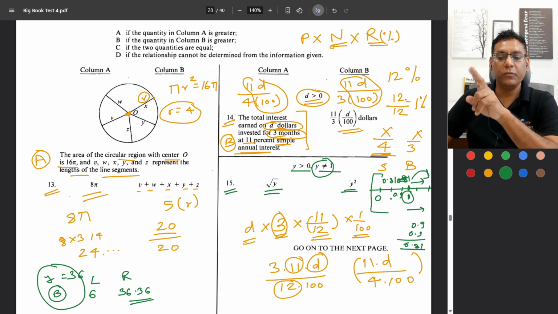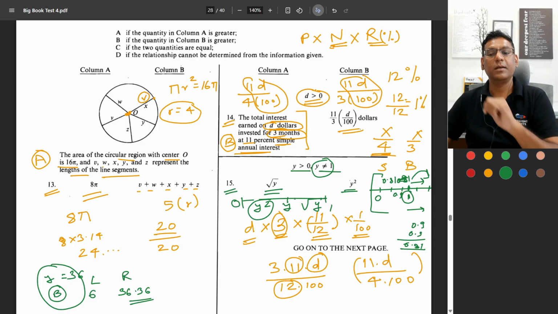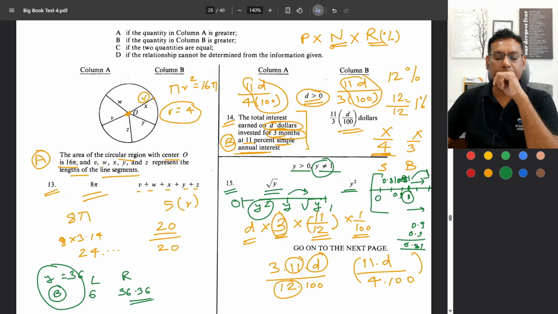So we'll have to take numbers less than 1, and what happens there is that if y is less than 1, y square is going to be here on the number line, and the root of y is going to be higher than y.